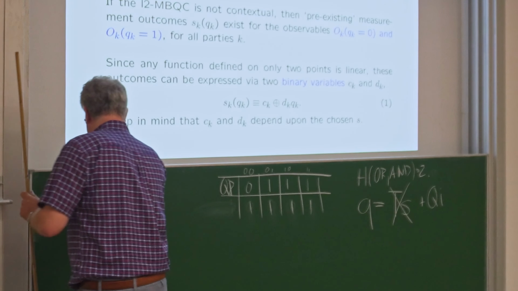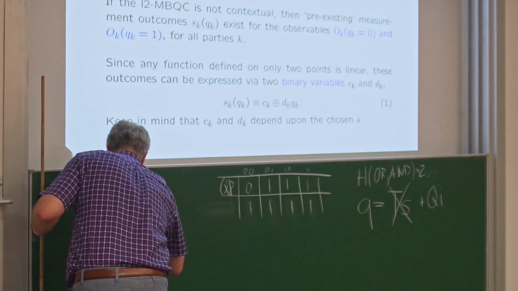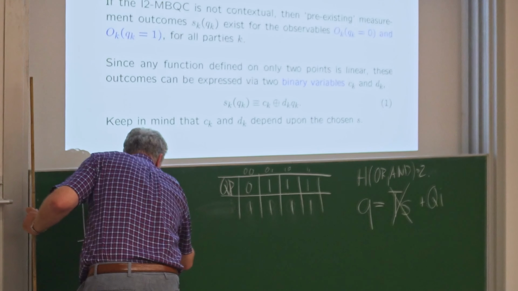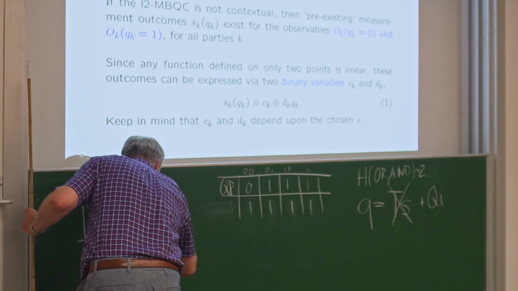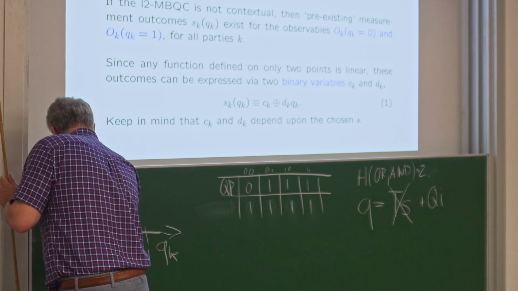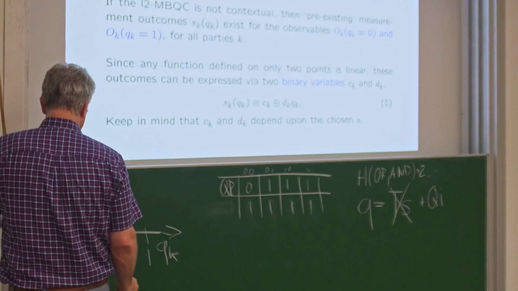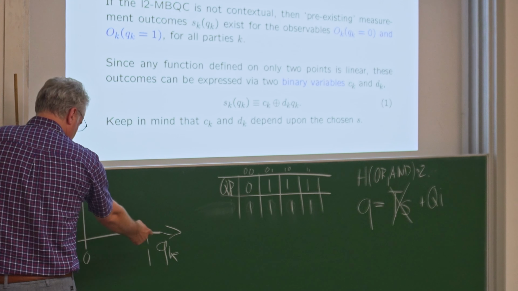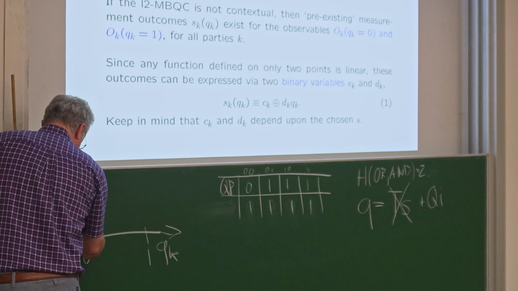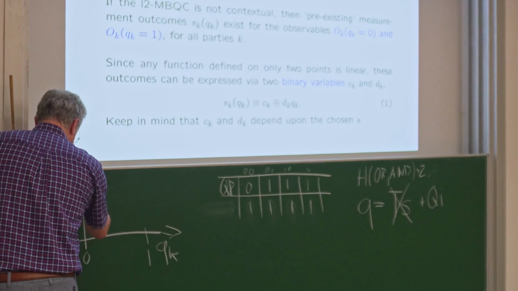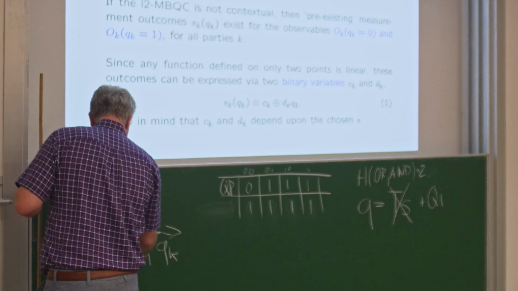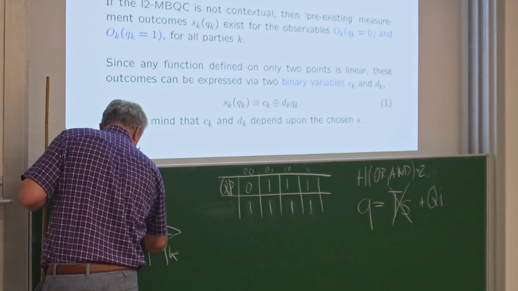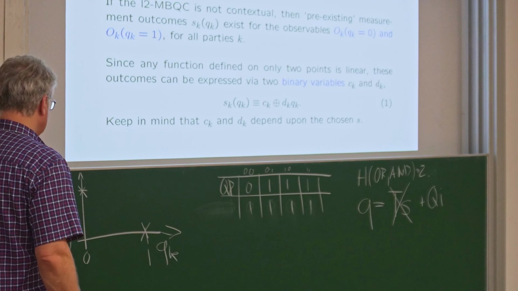We can draw a diagram. With values 0 and 1, on this axis we have qk, and on this axis we have sk. And so there's a value here for qk equals 0, let's say sk is 1, and we have another value for qk equals 1, and let's just say, as an example, that value is 0.